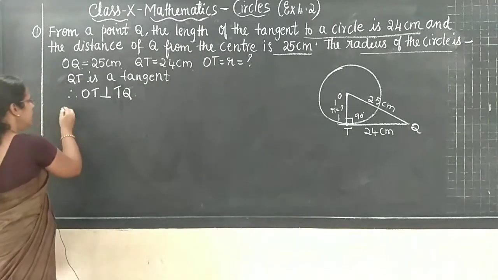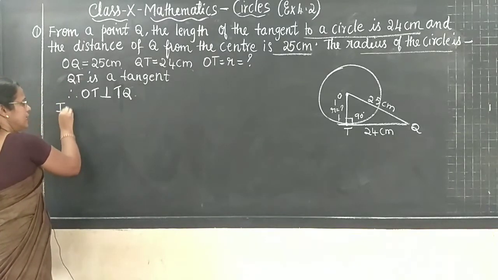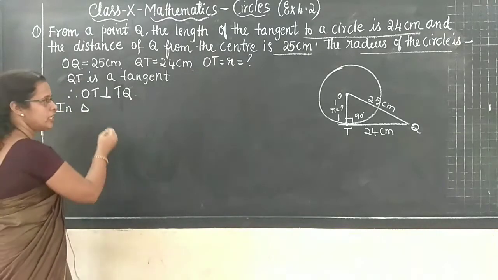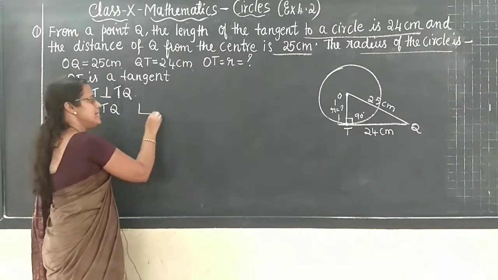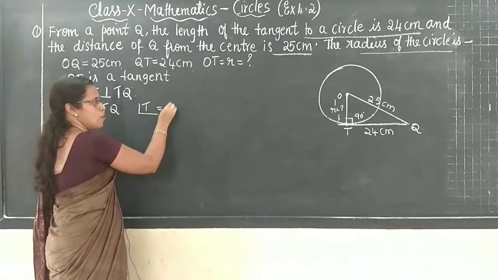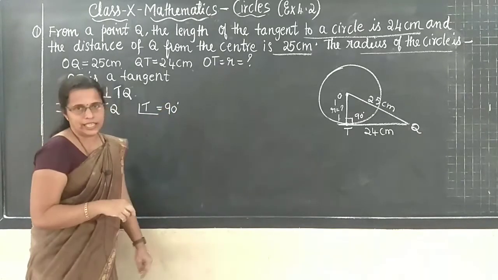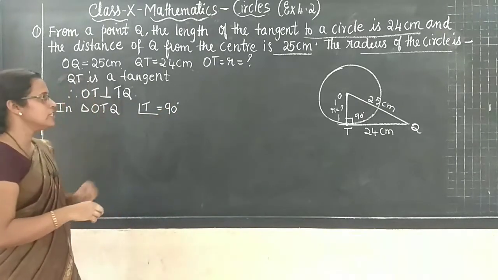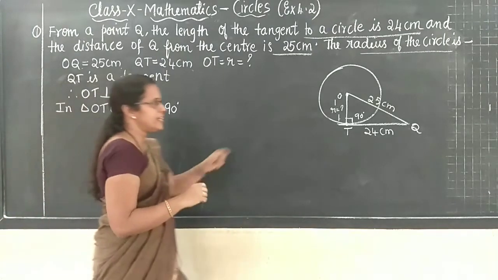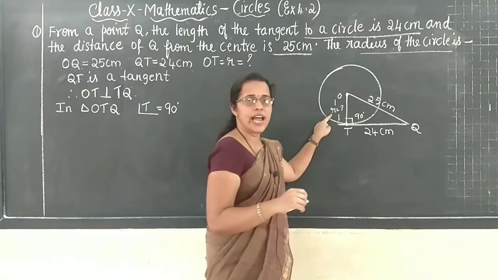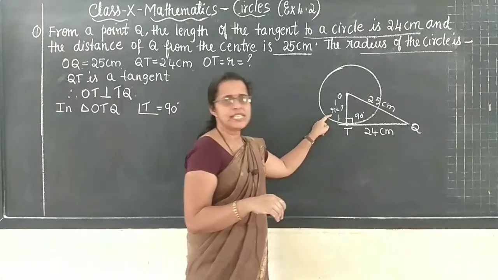So you will write here triangle OTQ. Angle T is equal to how much degree? 90 degree. Angle T is 90 degree. Whereas there is a right angle triangle, to find the third side we have to use Pythagoras theorem.